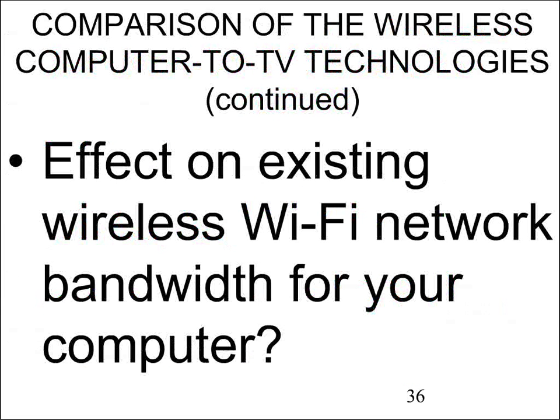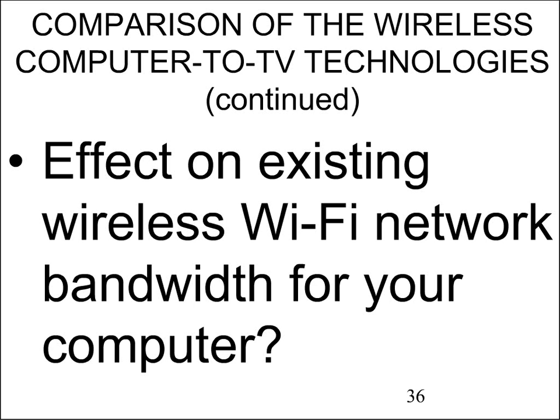Okay, effect on the existing wireless network bandwidth. You're probably sitting in a house right now or in some meeting room, and if you're in a dense suburban area like I live in, there's dozens of Wi-Fi signals impinging on any spot in your house. So you're already losing bandwidth because of all these collisions along the various Wi-Fi channels.